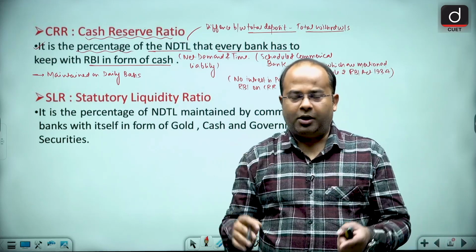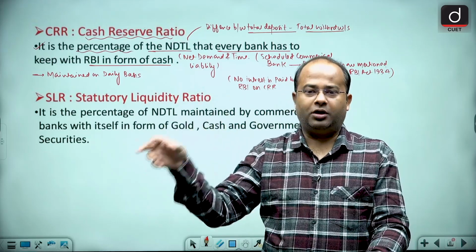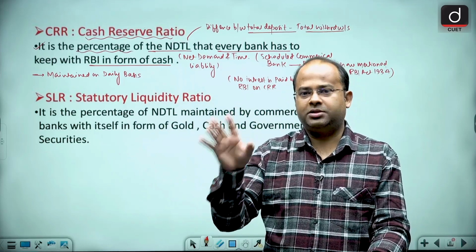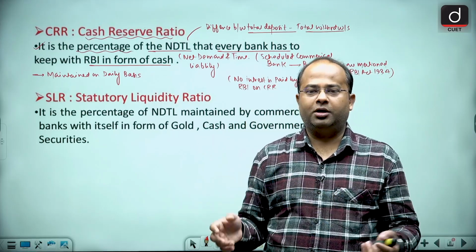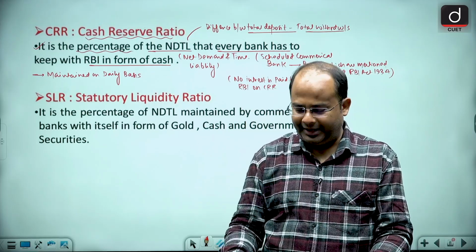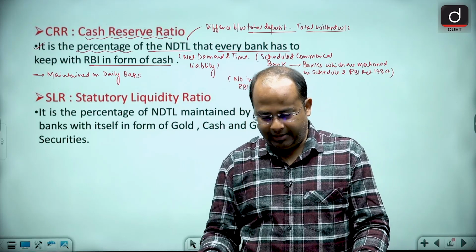Whatever the amount is deposited in a bank in a day, and whatever the amount of the withdrawals done by the customers from that bank, the difference between the total deposit and total withdrawal, technically, is called NDTL, that is net demand and time liability.